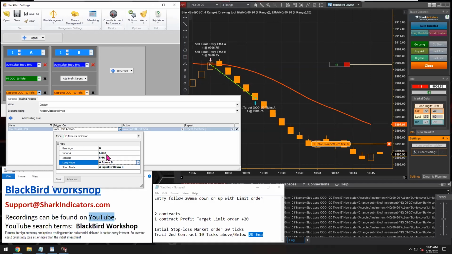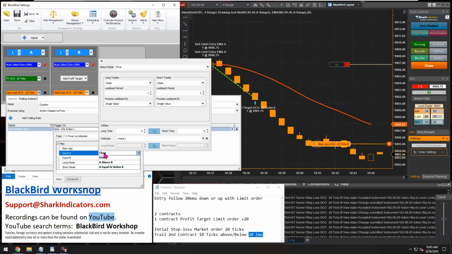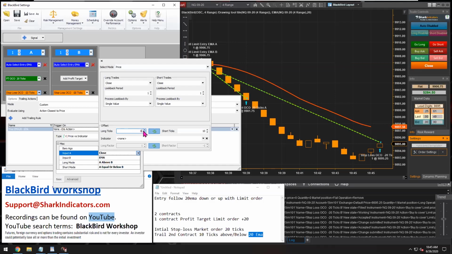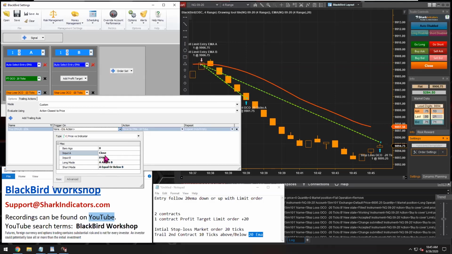And we could also do, as a safeguard, wait for the closing price. I kind of like to think of it the opposite way.